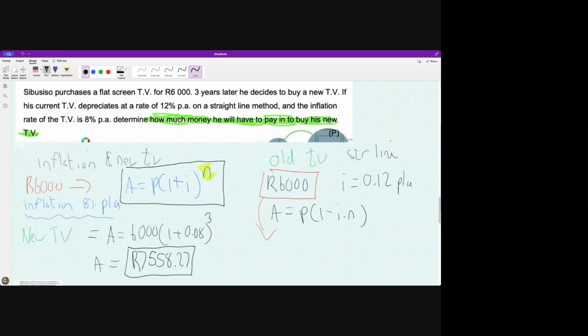Fantastic. Okay, now how much money am I going to get for my old TV that I'm going to sell and hopefully contribute towards this new TV? And the reason I'm using this formula is in the question, it said to use depreciation using the straight line method.